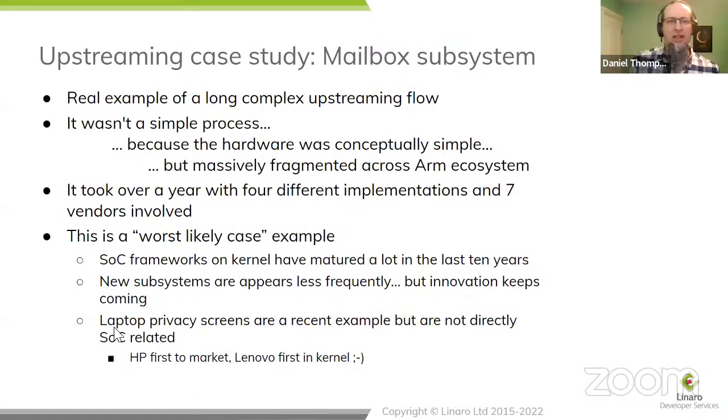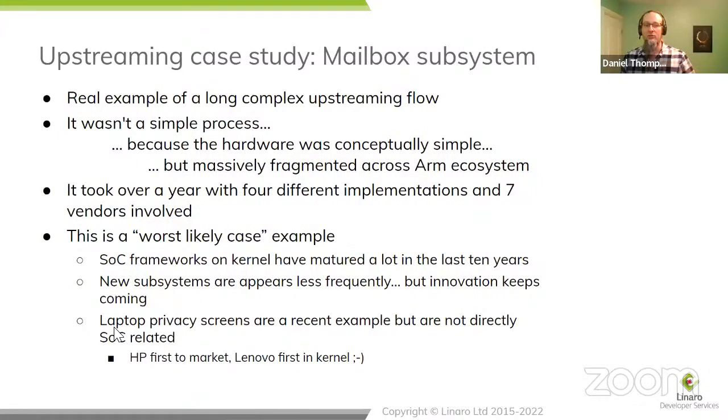And the reason it wasn't a simple process is not because the hardware is complicated. The hardware is actually conceptually simple in this case, but it was massively fragmented across the ARM ecosystem. Every single vendor implemented a mailbox differently. So it took over a year, 4 different implementations, 7 vendors involved in the process of landing this change to the kernel.